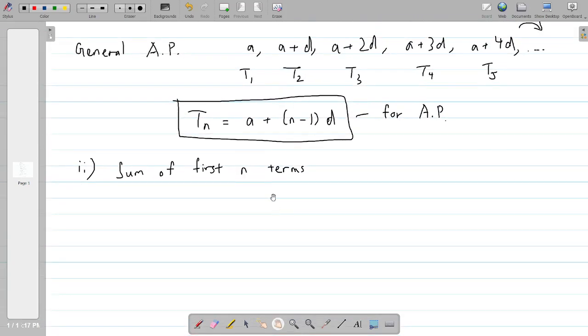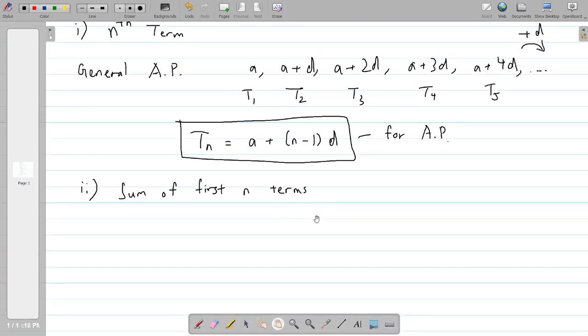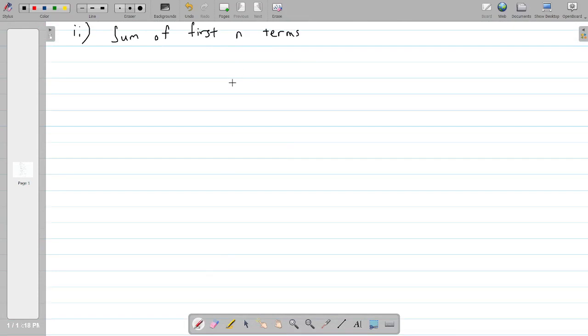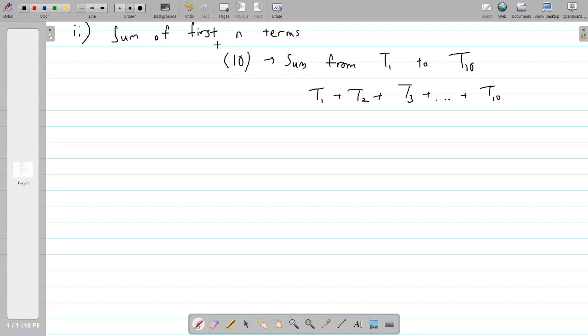If I say I want the sum of the first 10 terms of the arithmetic progression, what I would mean is that I want to sum from t1 to t10. So t1 plus t2 plus t3 and so on all the way until t10. You take the first 10 terms and you just sum them together.